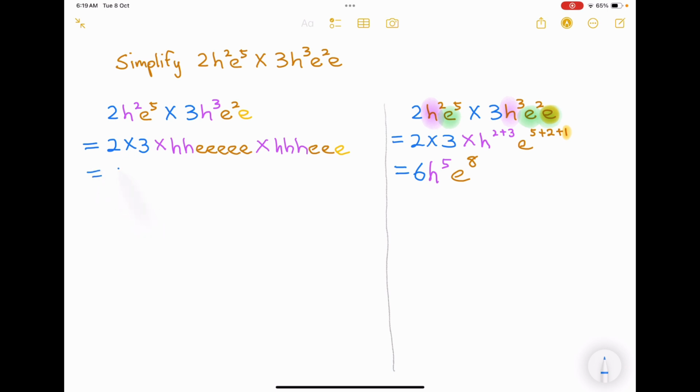Two times 3 gets us 6. H appears 5 times. E appears 8 times.